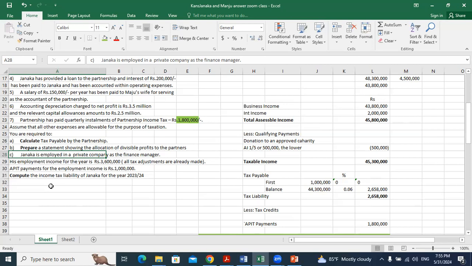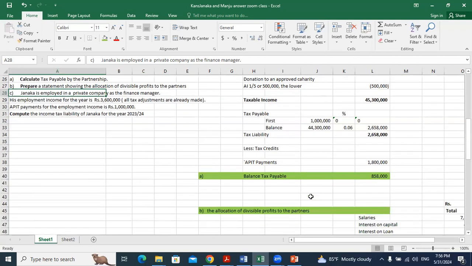In addition to this partnership, he might be employed somewhere. His employment income for the year is 3.6 million. All tax adjustments are already made. Advance payments for the employment income is rupees 1 million. Compute the income tax liability of Janaka for the year of assessment 23-24.